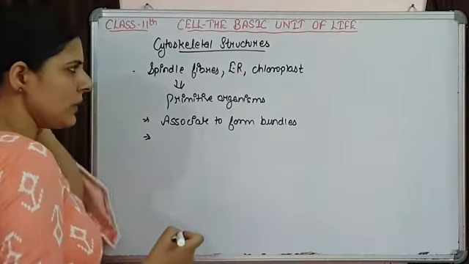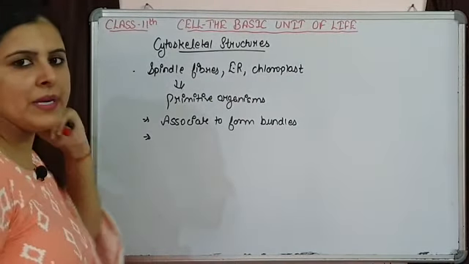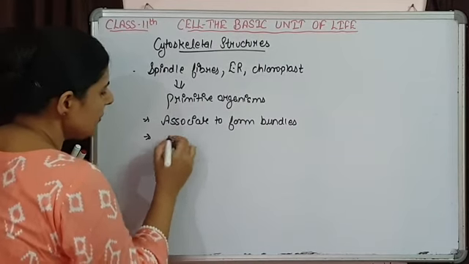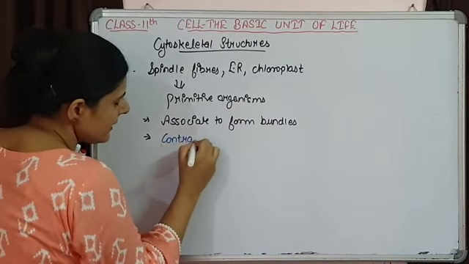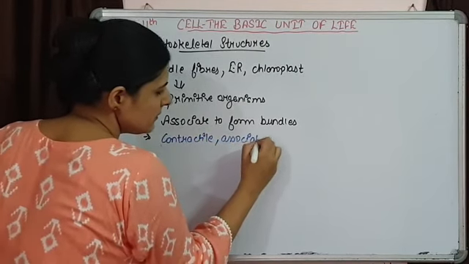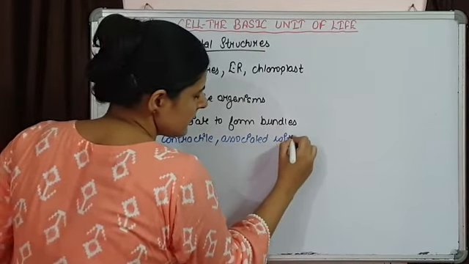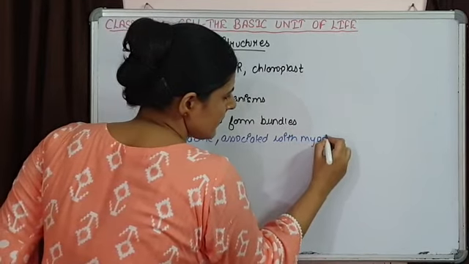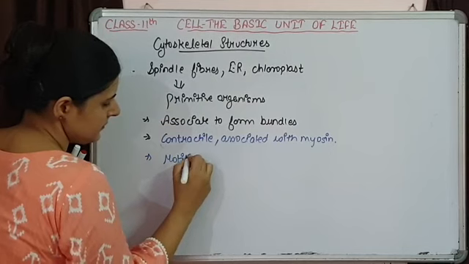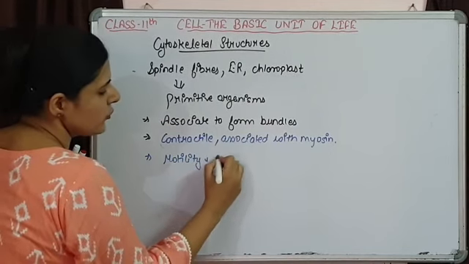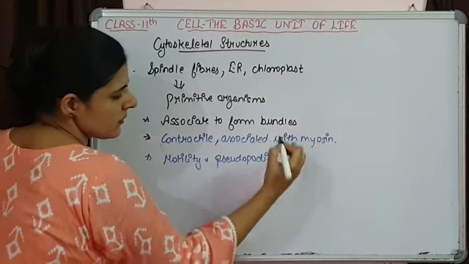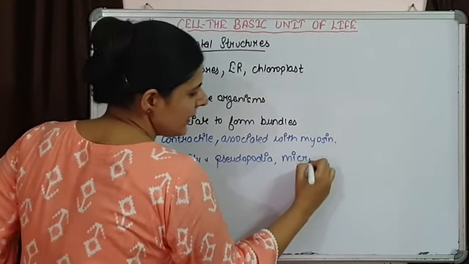So what we were discussing about these microfilaments is that they are contractile proteins, associated with myosin, and they help in motility, movement, like movement of pseudopodia, formation of microvilli.